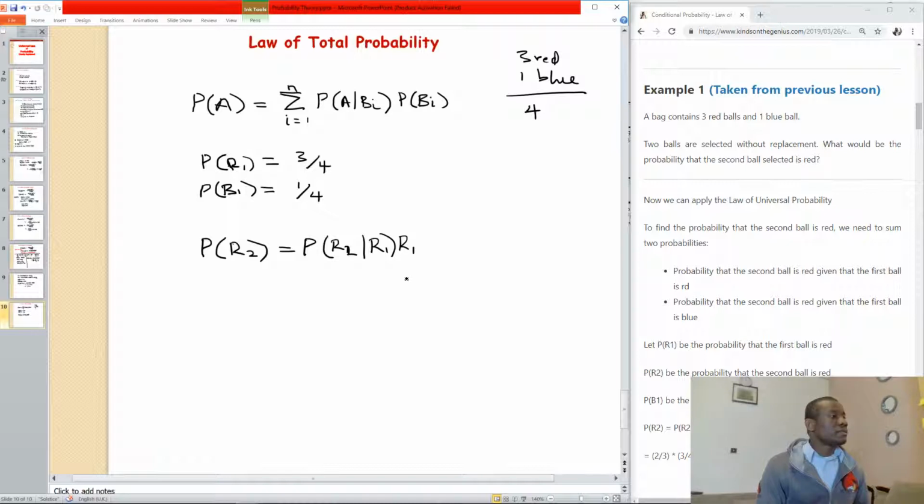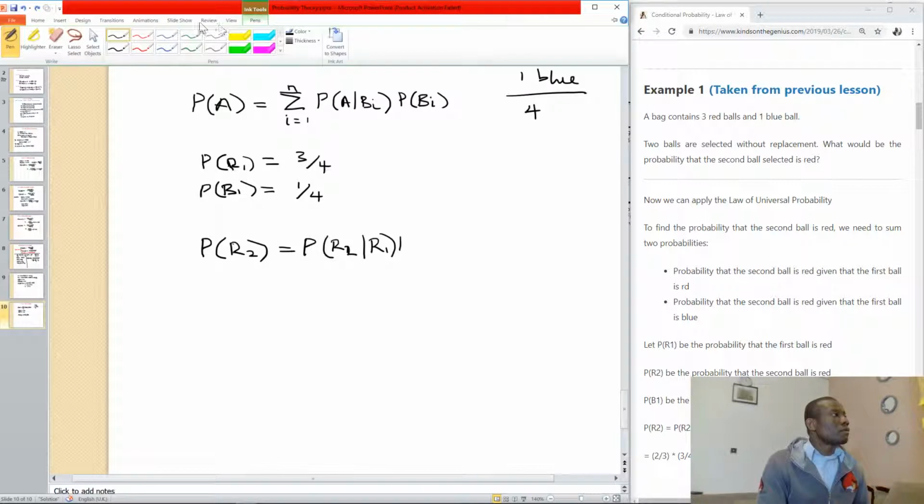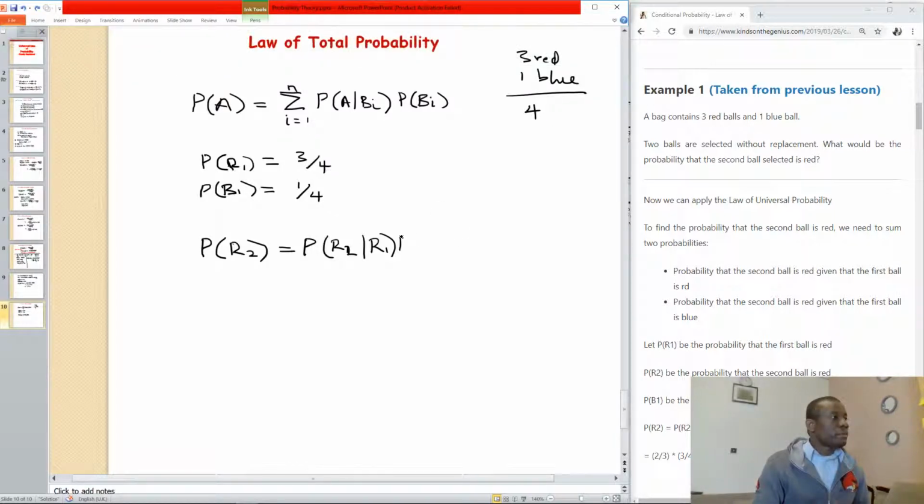Times R1. Sorry, I think I mixed up something, so let's take that back. It is the conditional probability of R2 given R1, times the unconditional probability of R1, plus the conditional probability of R2 given B1, times the unconditional probability of B1.